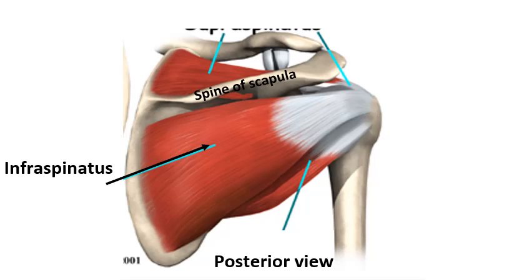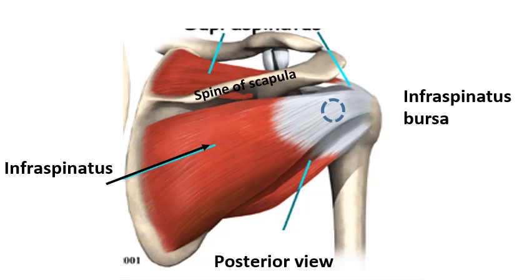Also posteriorly, there is another muscle called the infraspinatus muscle. It is below the spine of the scapula. As the tendon of this muscle passes posterior to the shoulder joint, there is another bursa between its tendon and the posterior aspect of the fibrous capsule.